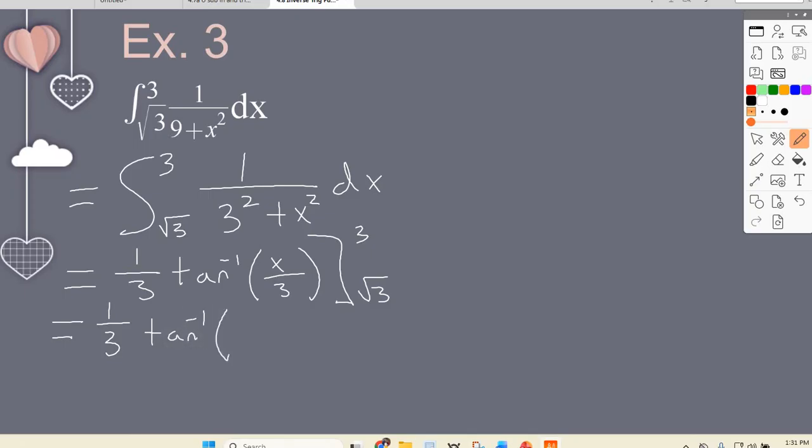So plugging in 3 first, 3 divided by 3 gives me 1. So then I am subtracting. Plugging in square root of 3. Have I evaluated that function? Yes. Do I need to continue on if it's a free response question?